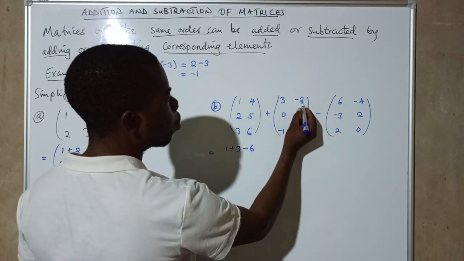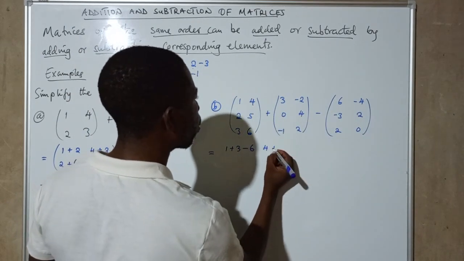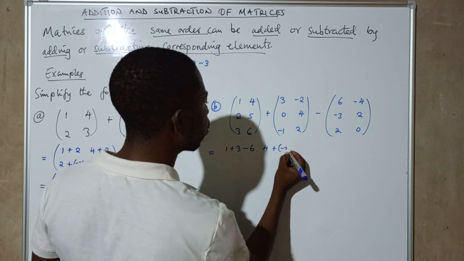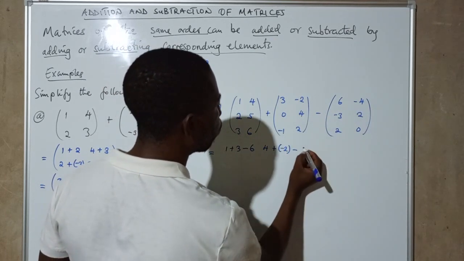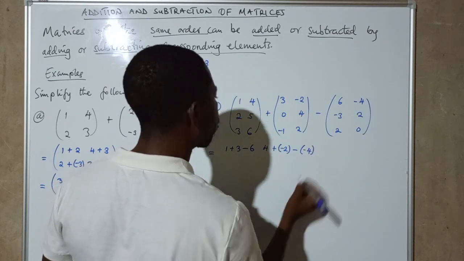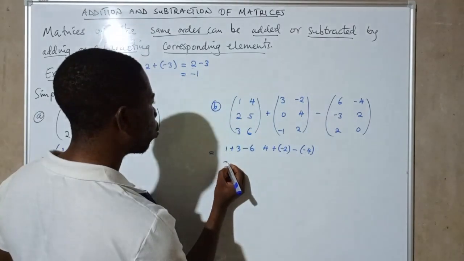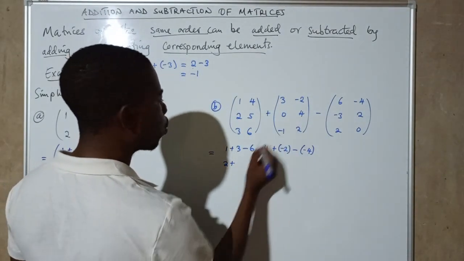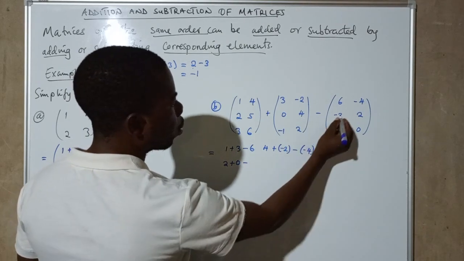Then this 4 corresponds to this, and that's also 4 here, plus this negative 2. Then we come to minus. Then we have negative 4 there. Then this corresponds to this and that. So say 2 plus this is 0 here. Then minus, then this 3 here.